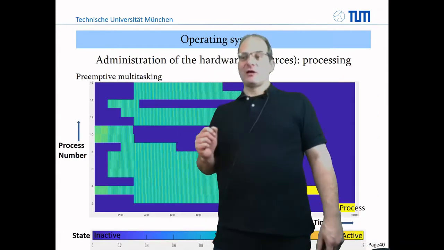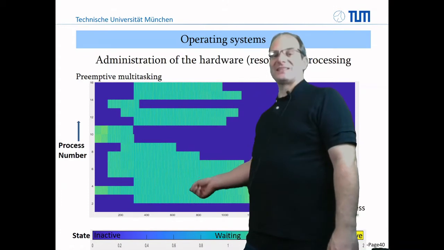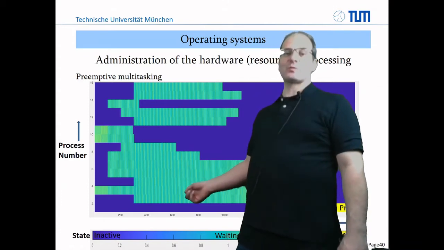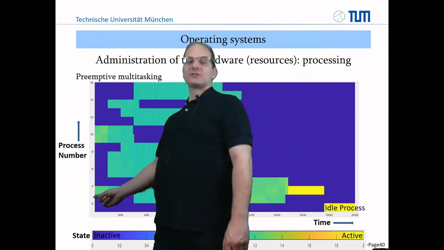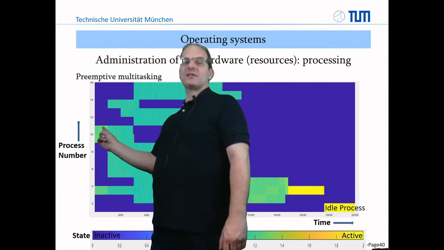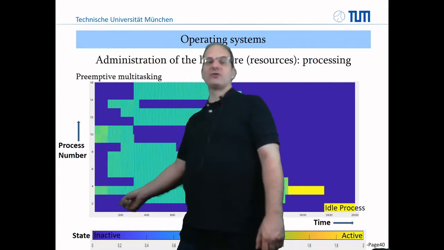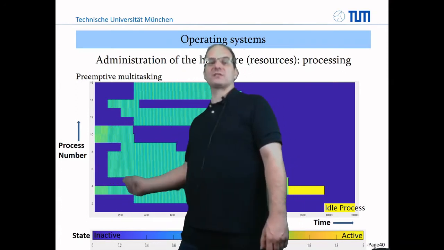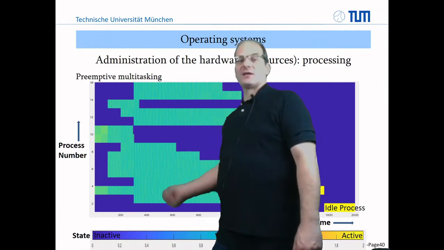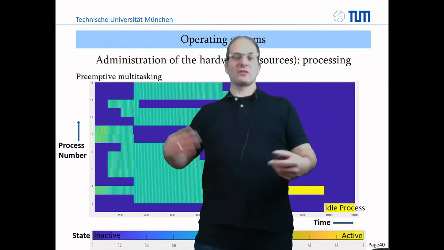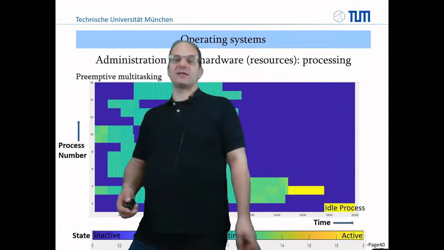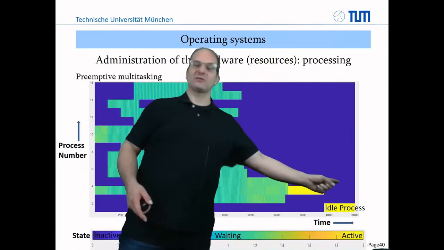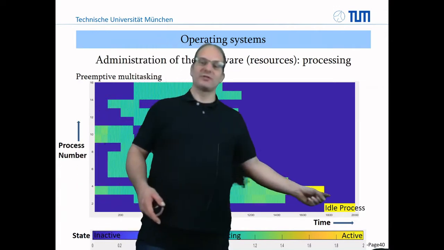how does it look now? All of these yellow parts are the times when the processing is done. If you watch here, it starts this, this, this, this, and a new process starts. So all of the processes are operated during the time slices. All processes are active, and at the end only the process which is not yet finished continues.